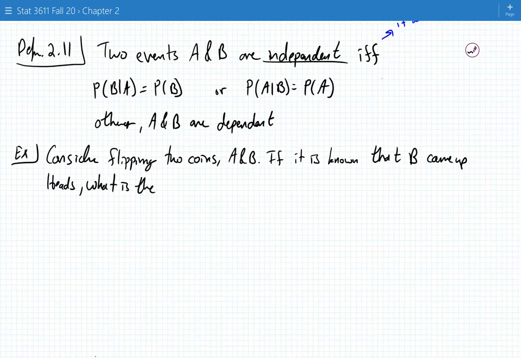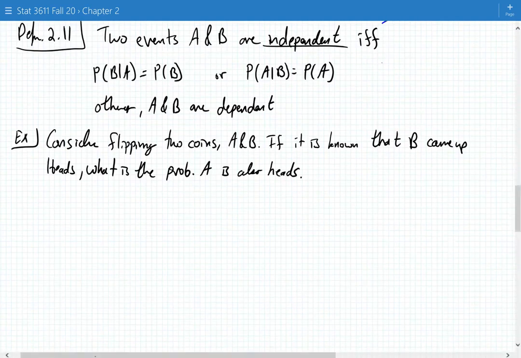You might go to your piggy bank or coin jar, grab two coins, call one of them A and one of them B, and flip them. B comes up heads. What's the probability that A comes up heads, okay?